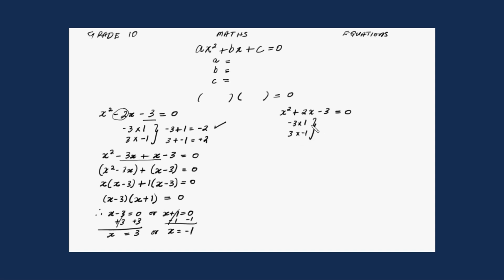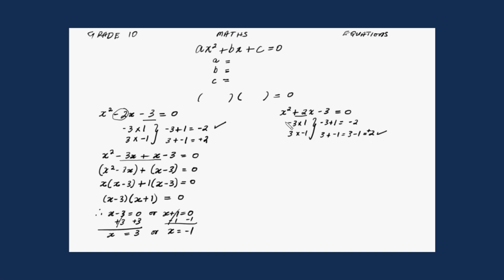So when we add these factors, we have minus 3 plus 1, and that will give us minus 2. 3 plus minus 1 is going to give us 3 minus 1, which is 2, which is positive. Now, this positive 2 is the same as this one. So we will opt for this as the factors.